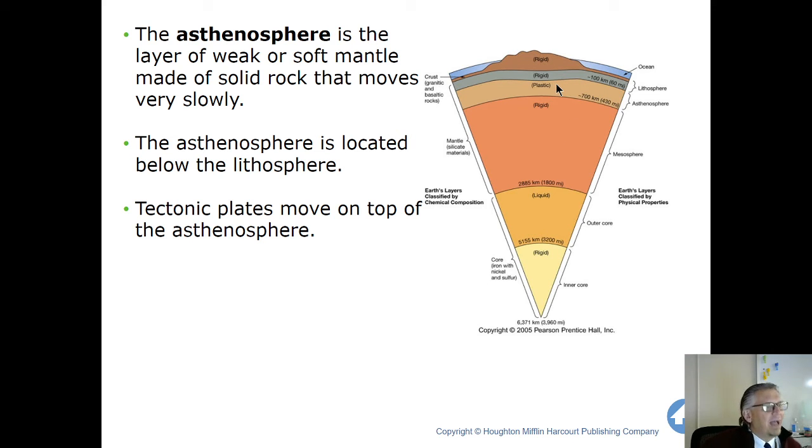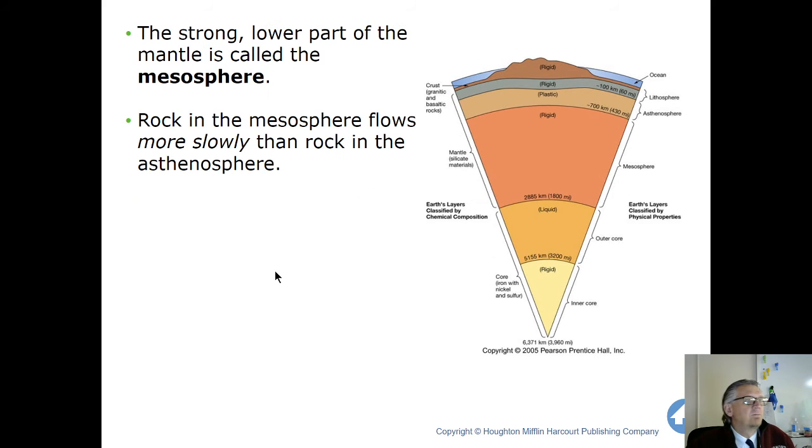And float is a bad term, moves about. Then we have the mesosphere, and it is part of the mantle. We're still talking mantle if we were talking about chemical, but this is going to be rigid. And once again, rigid is not necessarily rock hard, but it doesn't move as fast.